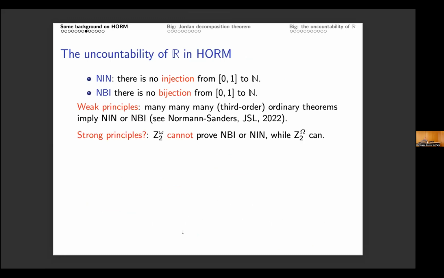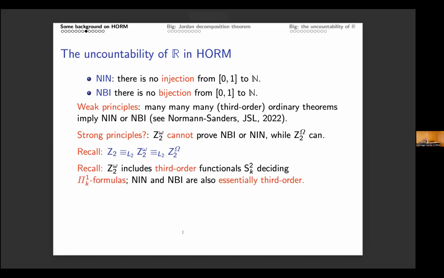Z2 little omega cannot prove it. Z2 big omega can. Recall they proved the same L2 sentences. And yeah, Z2 little omega is based on third order functionals S2K deciding Pi1K formulas.